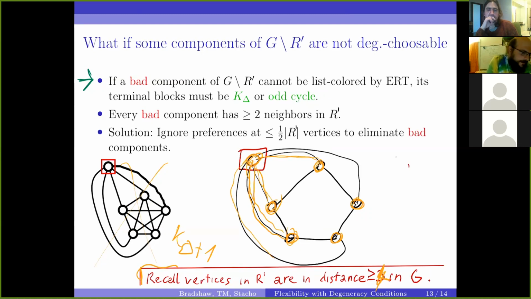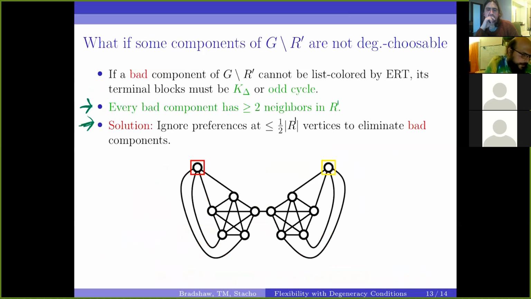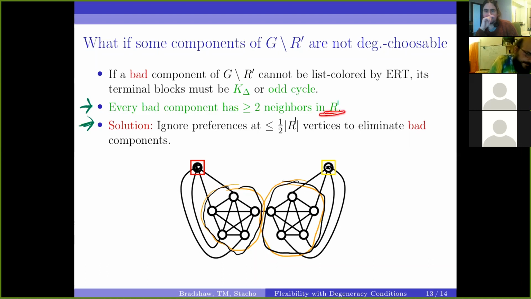So now let's have a look at the situation when the component is more difficult. So the component has at least 2 blocks, and now again by those conditions we will derive that there has to be at least 2 vertices in R prime that are adjacent. Each of them is adjacent to some leaf block of the component. And here comes the second modification of R prime.